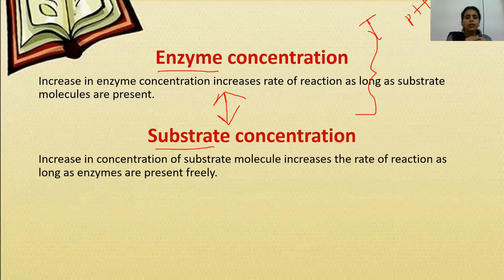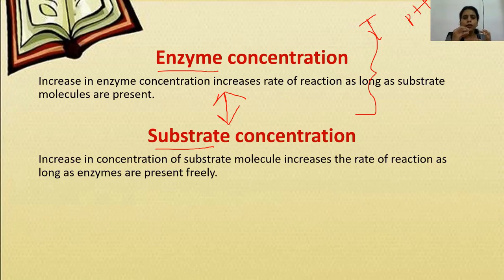Similarly, if you have kept enzyme concentration constant and only increase the substrate concentration, what will happen? Enzymes will become less, so a lesser number of enzyme molecules cannot break down all these substrate molecules immediately.